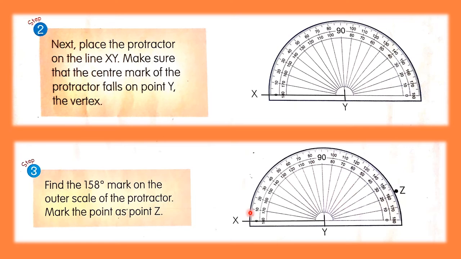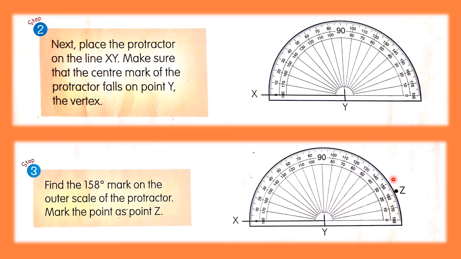Then 0, 10, 20, 30, 40, 50, 60, 70, 80, 90, 100, 110, 120, 130, 140, 150, 160. If you take this one, it is 160, but we have to take 158.